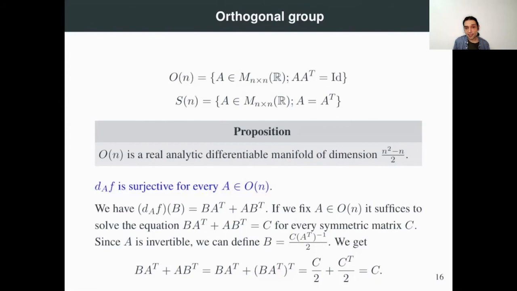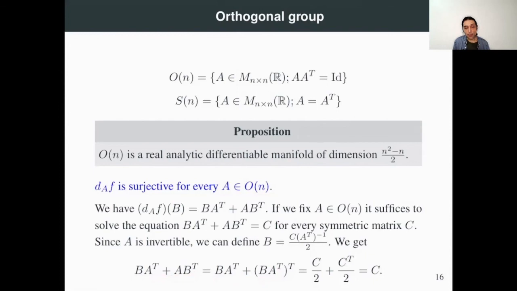And let's see if B actually satisfies the equation. We have this expression, B times the transpose of A plus A times the transpose of B, but we can write it down in, let's say, an interesting way as B times the transpose of A plus the transpose of such matrix.